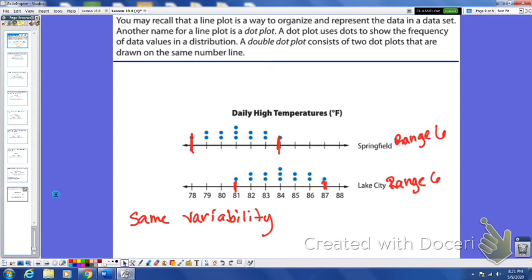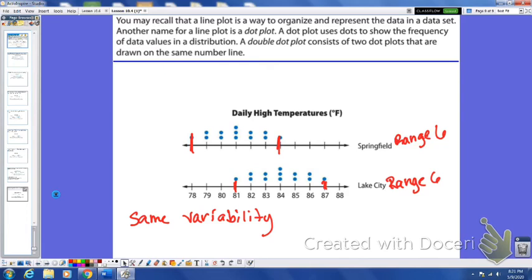We've got 3 dots in the middle and then 2 sets of 2 and 1 set of 1 at our minimum and our maximum. We can find our minimum and maximum on here. Whatever dot is to the lowest, that's your minimum. Whichever dot is furthest right, that's your maximum. We could actually find our median. We could find our mode.